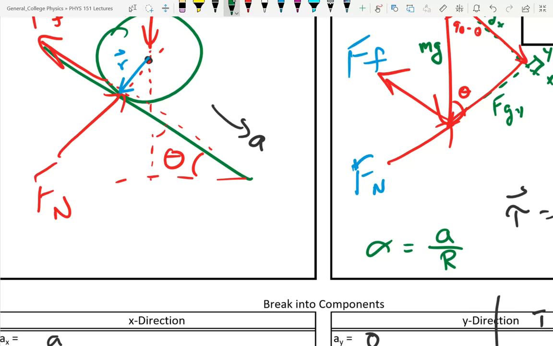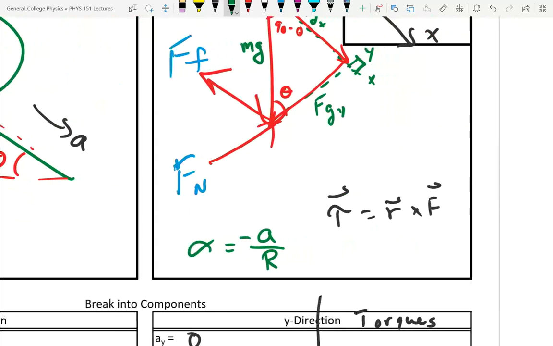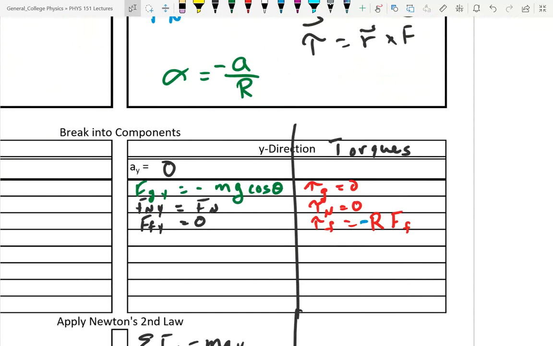And if it accelerates in the positive direction, the angular acceleration is going to be clockwise. Is clockwise positive or negative? Negative. So there's a negative sign in this relationship based on the directions that we define for our axes. So that means alpha is equal to minus A over R.